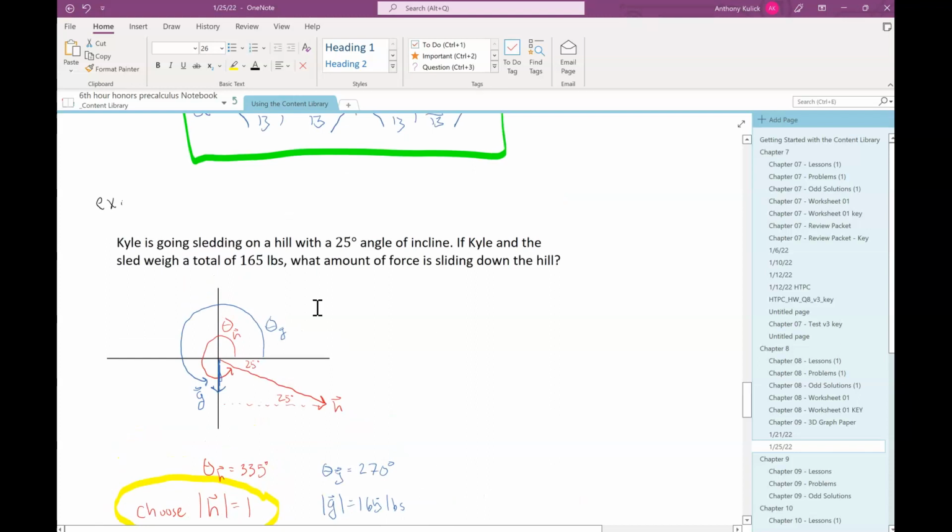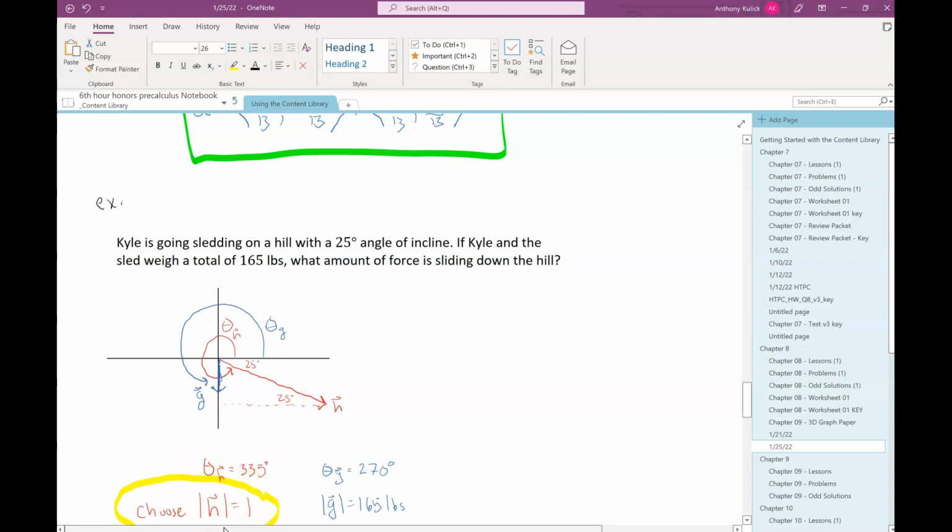Okay. Just to rehash, I'm going to go through this previous problem one more time and explain what we did. We read the story problem. We identified two vectors: a vector for the hill and a vector for the gravity. We drew our hill vector and obtained a magnitude and direction from it.